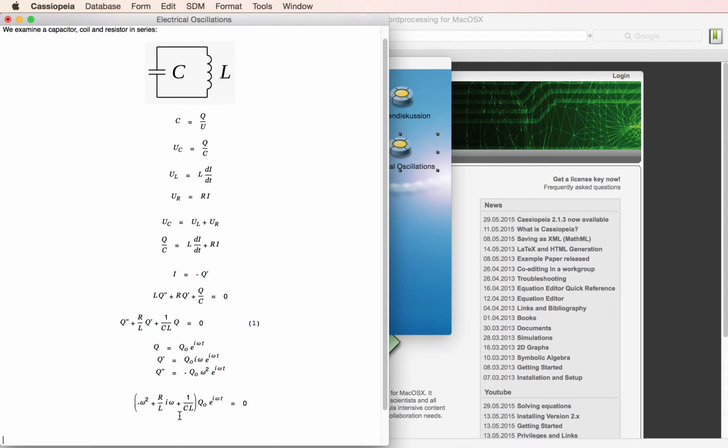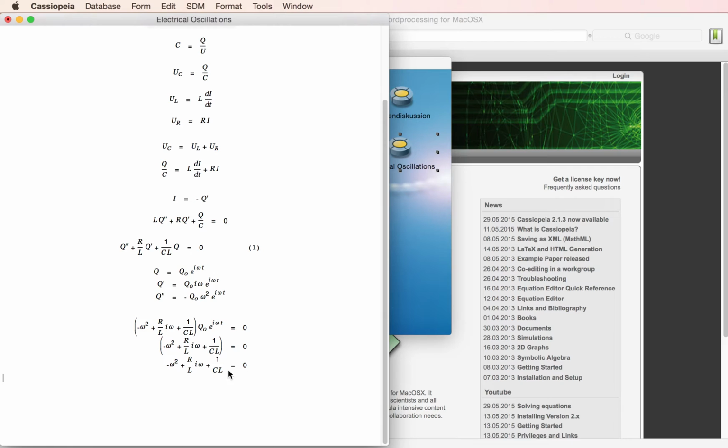Okay, this equation is true for all t only if this equation is 0. That can easily be seen, so let's simplify it some more, and end up with a simple quadratic equation that can be solved with the PQ formula.